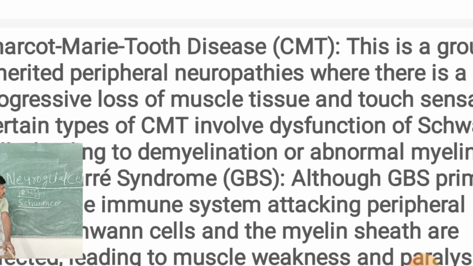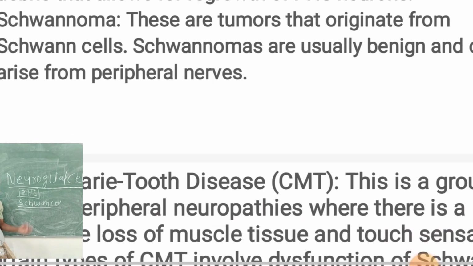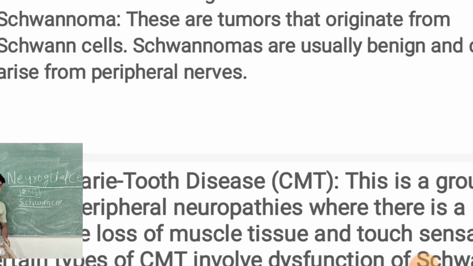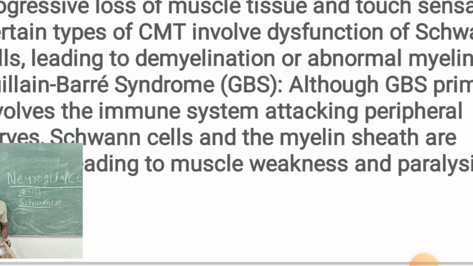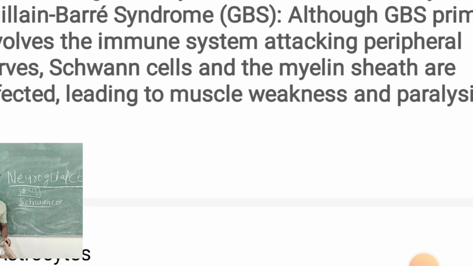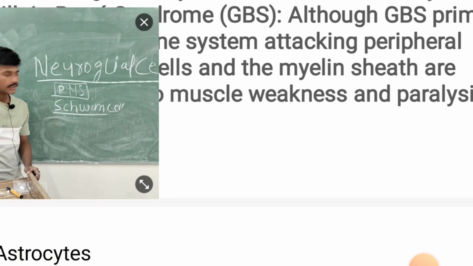These are the three diseases related with the peripheral nerves: first is schwannoma, second is Charcot-Marie-Tooth disease, and the third is Guillain-Barré syndrome.